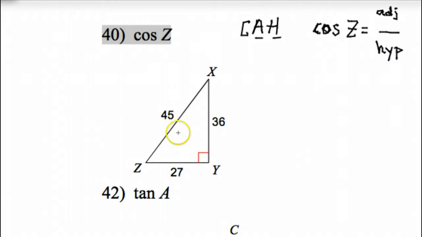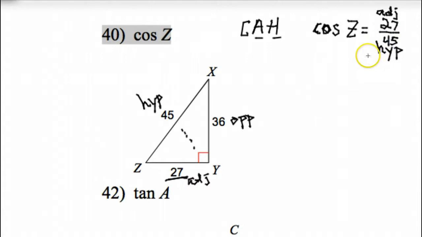In this case, for z, the adjacent would be right here. So that's my adjacent, this is my opposite, and the hypotenuse, of course, is across from the right angle. Boom. Adjacent over hypotenuse is 27 over 45.